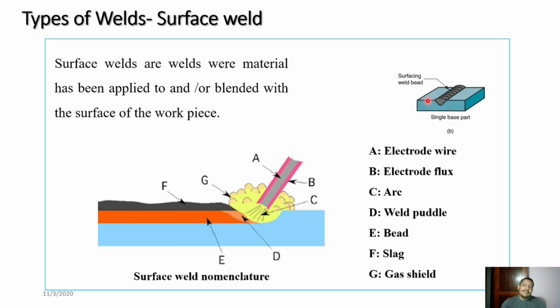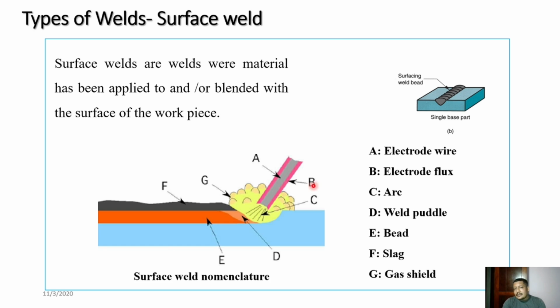So the first test weld a welder normally performs is a surface weld, called a bead on plate weld. I cannot say that all surface welds are trials. Sometimes if I am joining two plates by depositing over a groove on the top of its surface, we call it a surface weld. Okay, that is the first one.